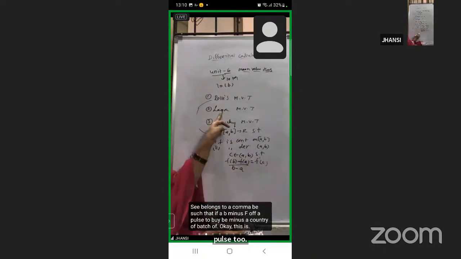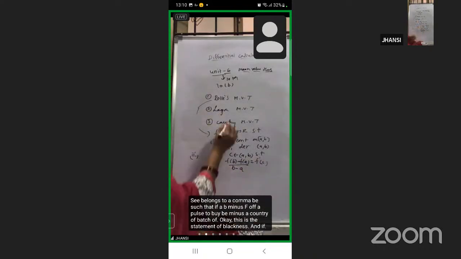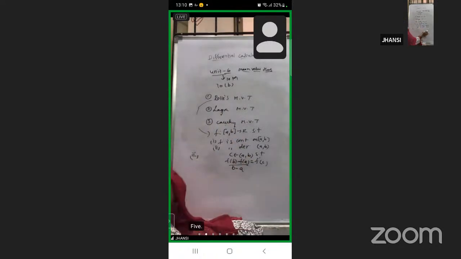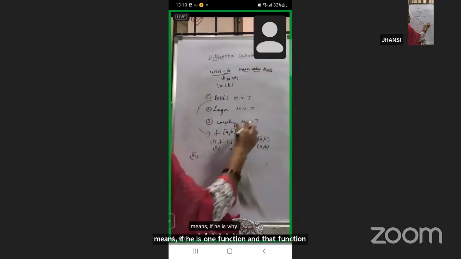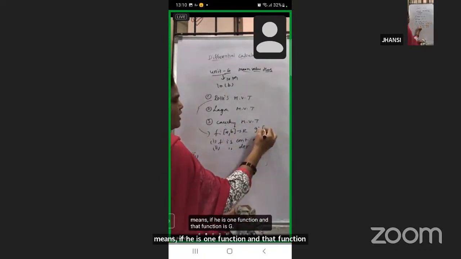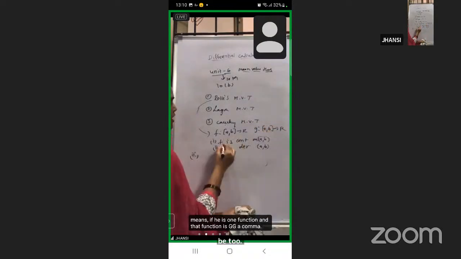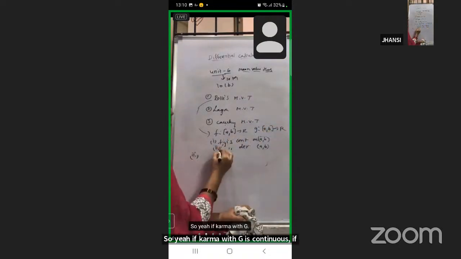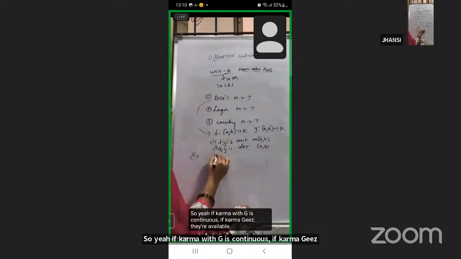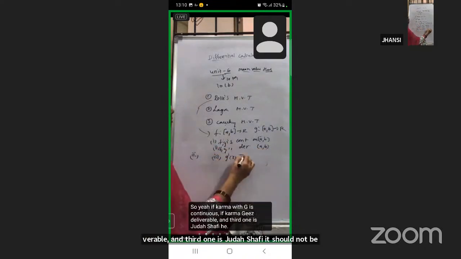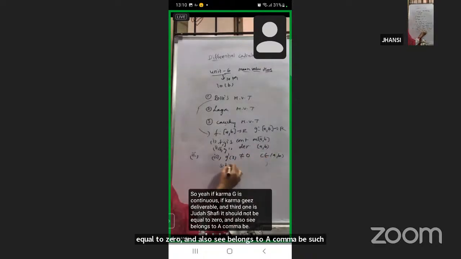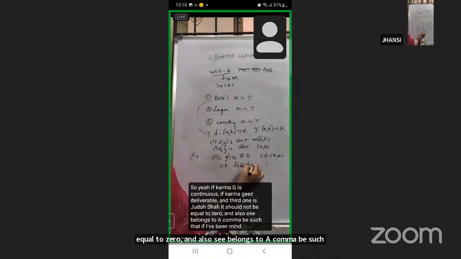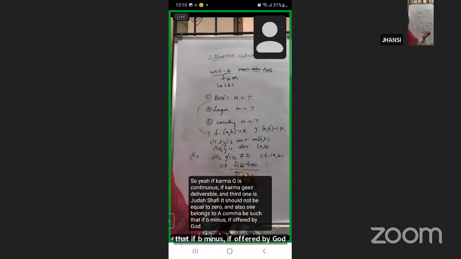And if we go to Cauchy's mean value theorem, for Cauchy's you will have two functions. Two functions means f is one function, another function is g, from [a, b] to R. So here f and g are continuous, f and g are derivable, and the third one is g dash of x should not be equal to 0, and also there exists c belonging to (a, b) such that (f of b minus f of a) by (g of b minus g of a) equals f dash of c by g dash of c.